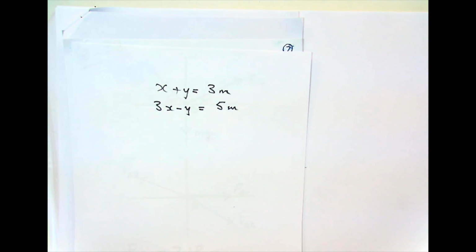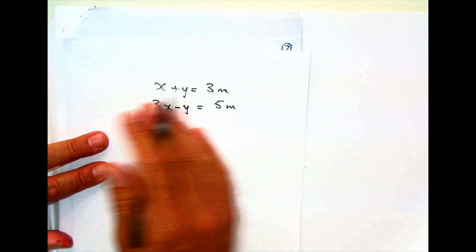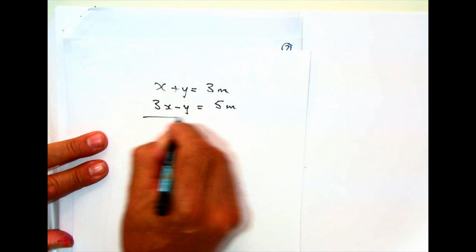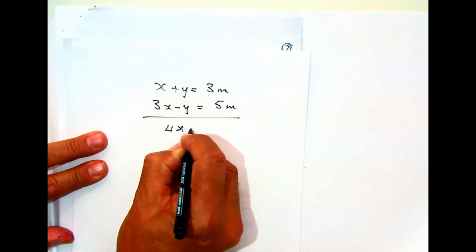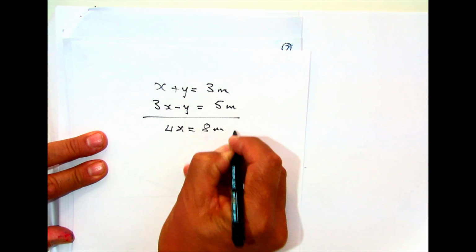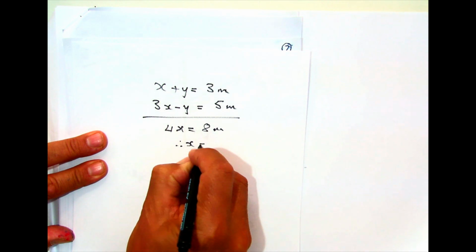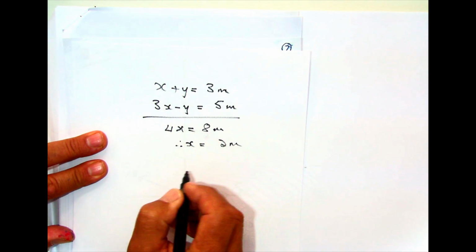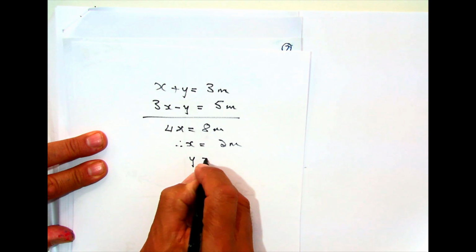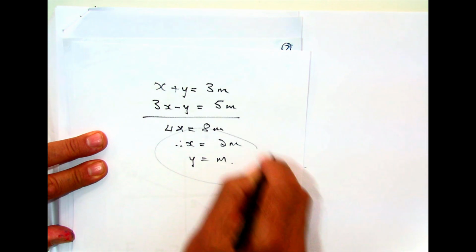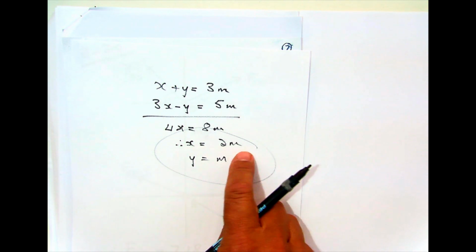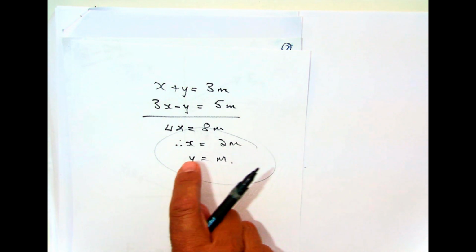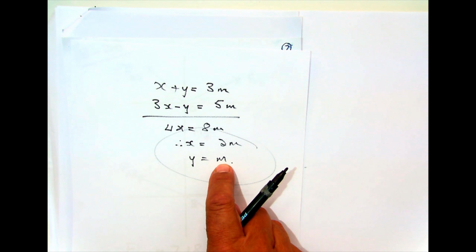You go about it just as you would when there were two unknowns. If you add these two, you're going to get 4x equals 8m, so x is 2m. So y is m. That's the best you can do. You can get x in terms of m, and you can get y in terms of m.